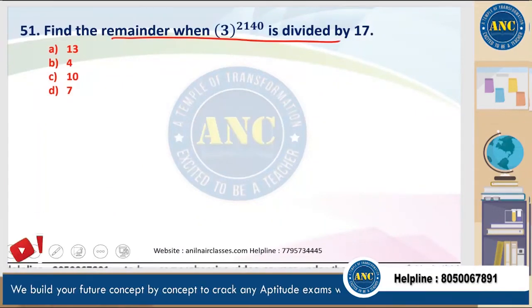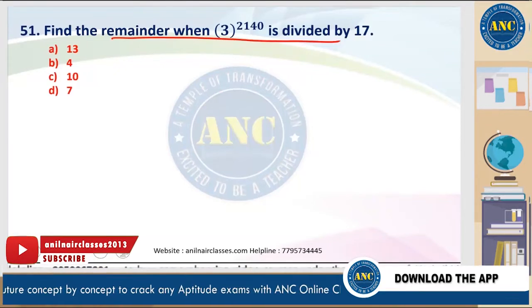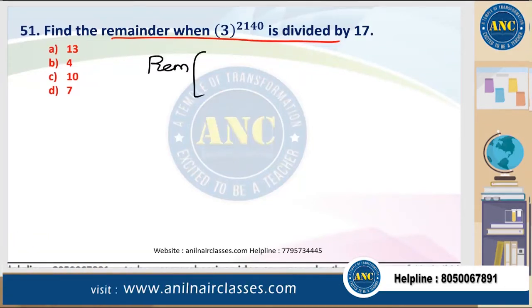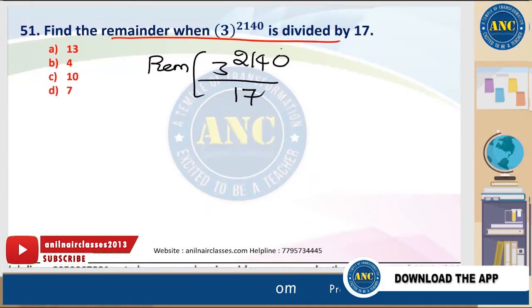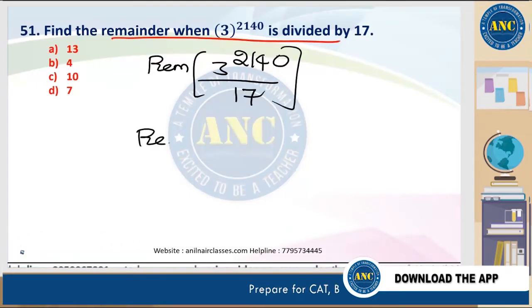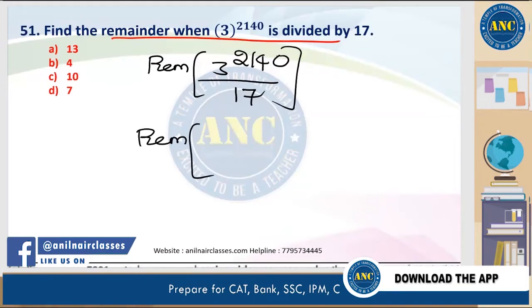Find the remainder when 2 power 140 is divided by 17. 17 means the power has to be 16.